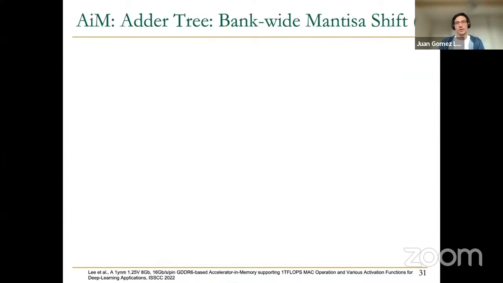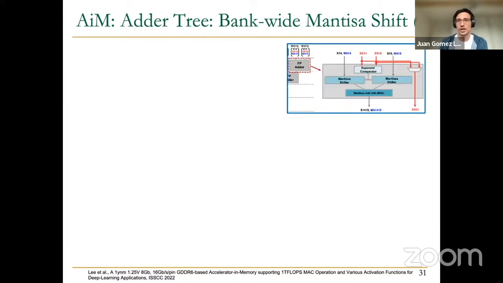So let's continue talking about this parallel reduction, and in particular how it's implemented in this adder tree. There is some interesting hardware improvement that SK Hynix used in their adder tree: instead of using regular floating point adders, as you may remember, in a regular floating point adder, first of all we compare the exponents and then we shift the mantissas as much as needed, depending on the difference of the exponents.